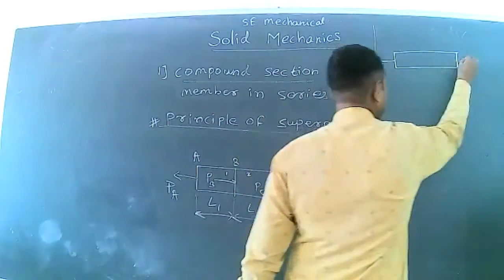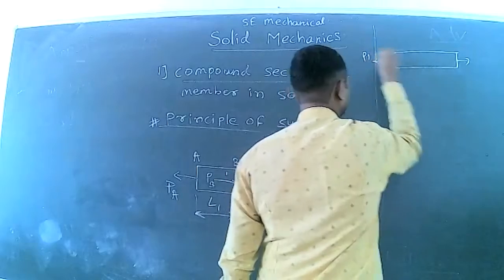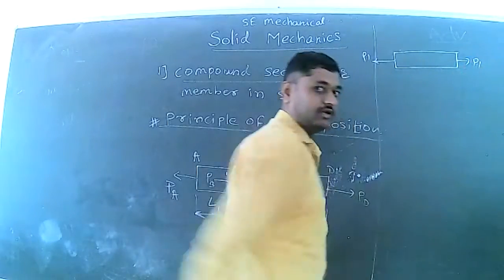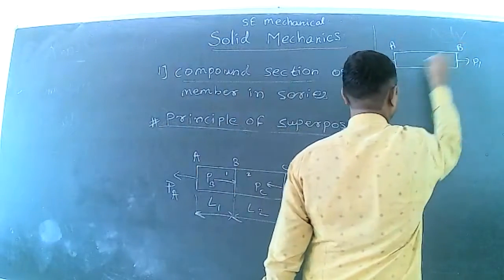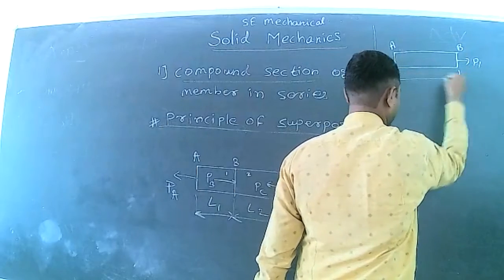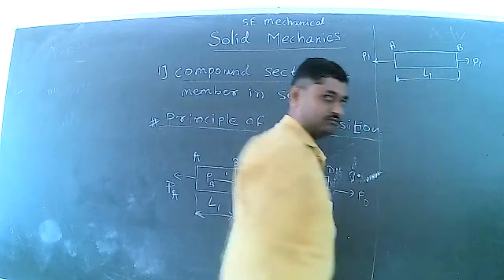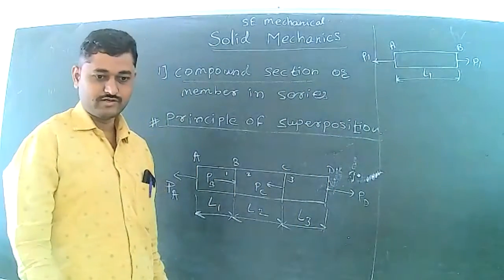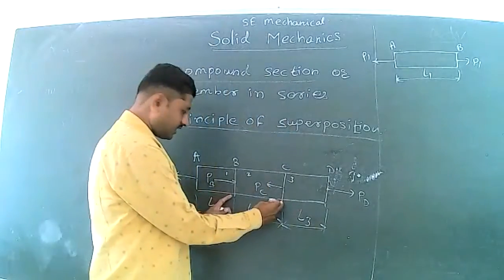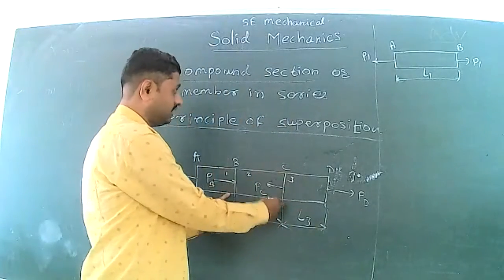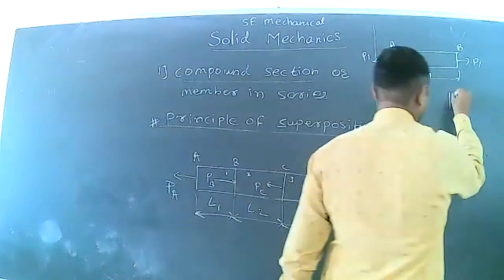For the first member, load is applied at points A, B, and the length of the first member is L1.